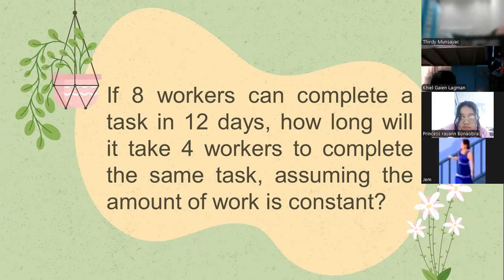So 8 to 12 equals n to 4? Wait, teacher, is it 8 to 12 equals n to 4? Ano bang hinahanap? How long will it take for 4 workers to complete the same task assuming the amount of work is constant? Ang tinatanong dyan ay how many days, tama?